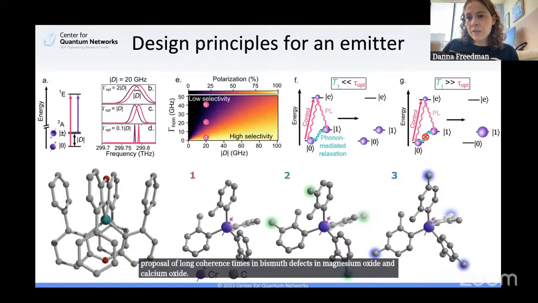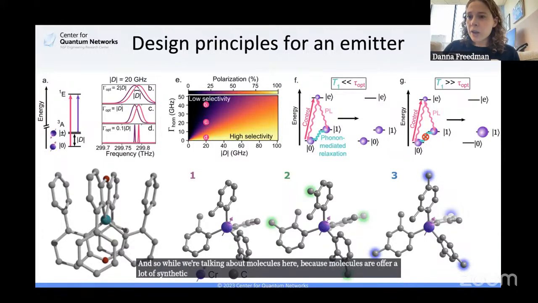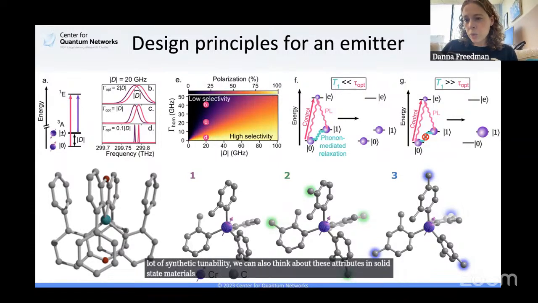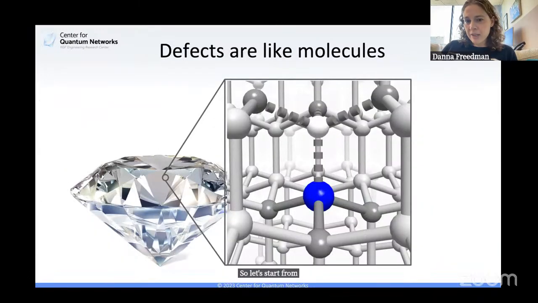And so in all of these systems, we're using similar chemical principles. And so while we're talking about molecules here, because molecules offer a lot of synthetic tunability, we can also think about these attributes in solid state materials, such as the ones that you heard about earlier this week. So let's start from the perspective of a diamond.